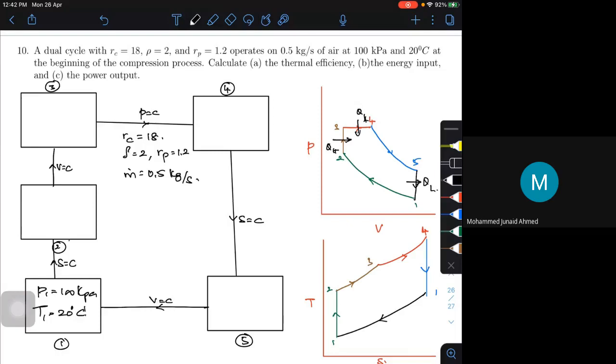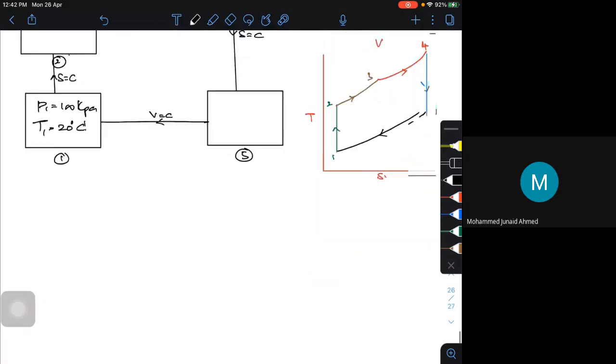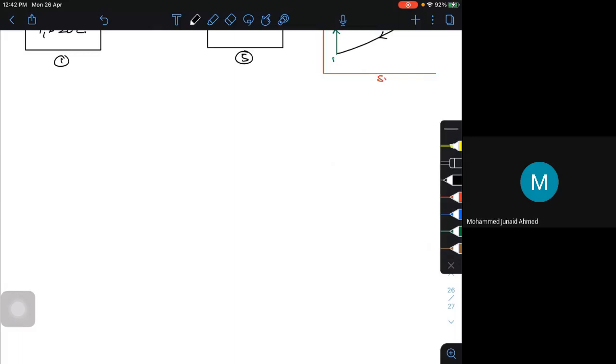So I have put all the data that is given, and we'll try to calculate everything and then substitute it. For a dual combustion cycle, the thermal efficiency is given by this particular formula, which we have already derived.